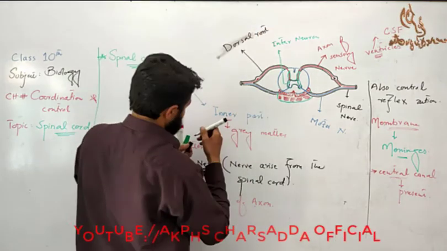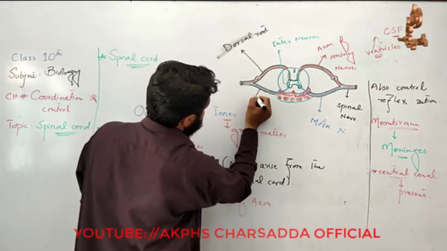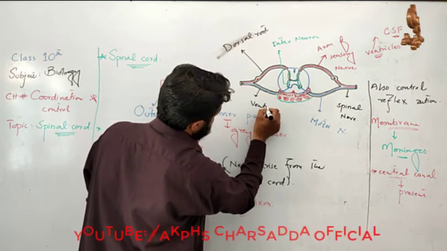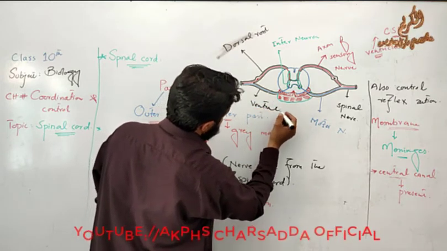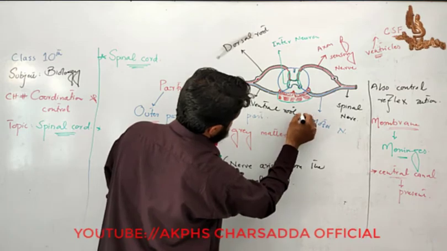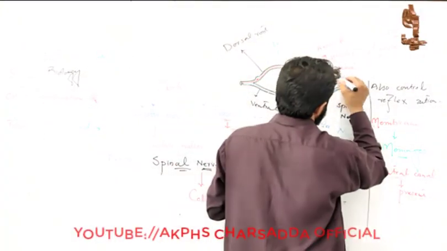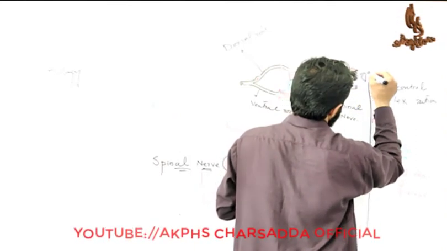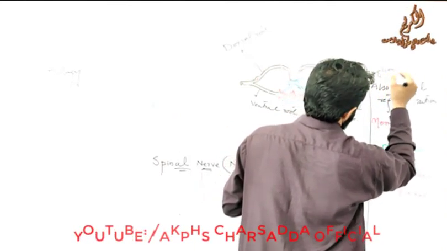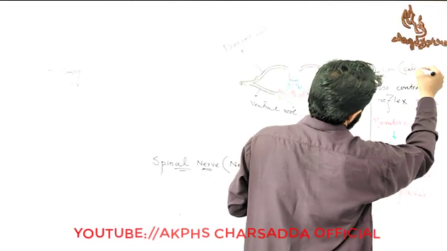This one is known as ventral root. While this outgrowth-like structure is known as ganglion. Ganglion consists of cell bodies.